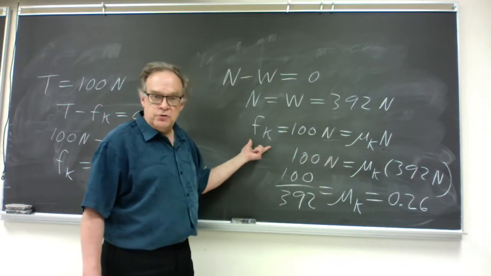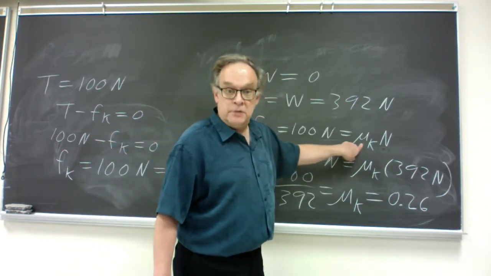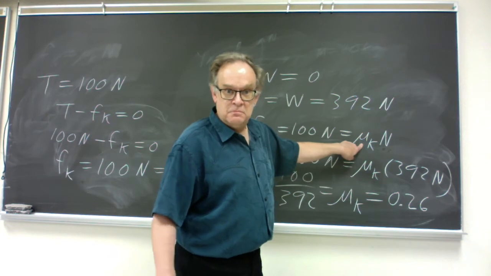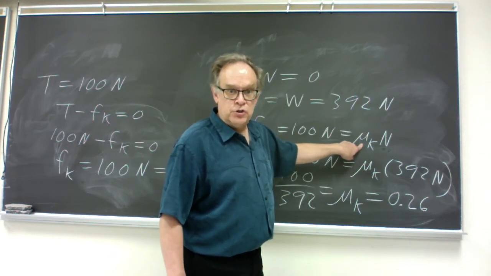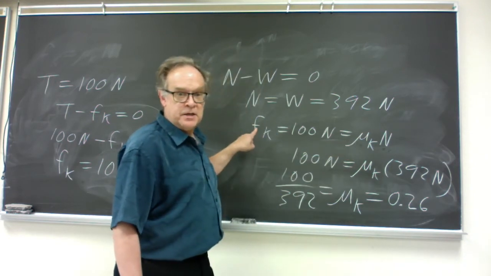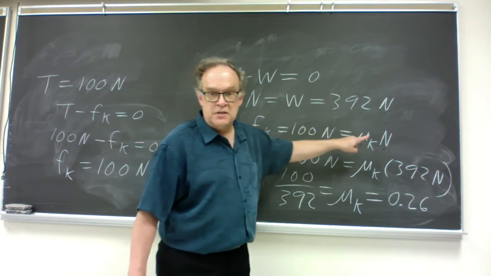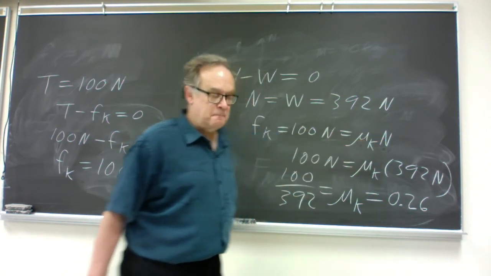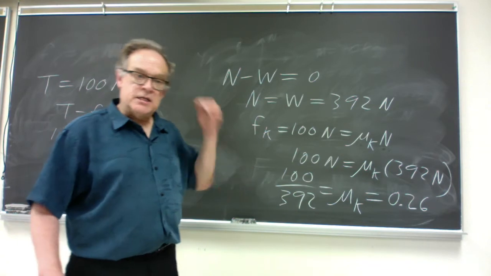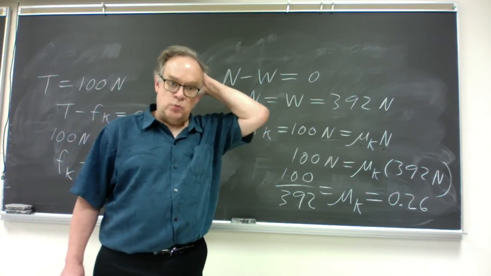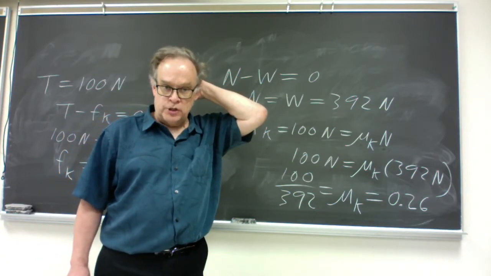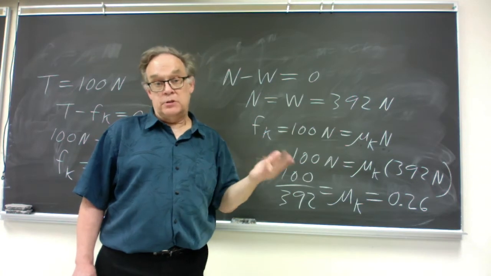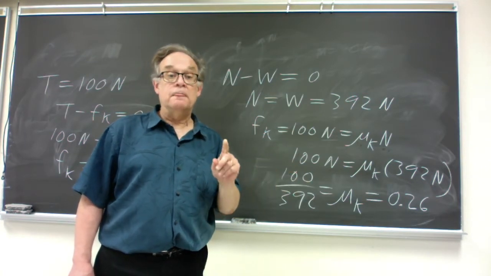This will have units of newtons. So this can't have any units in order to ensure that this thing has the same units as this thing. So anyway, that's how we think about friction, or at least how we think about rolling friction and kinetic friction.